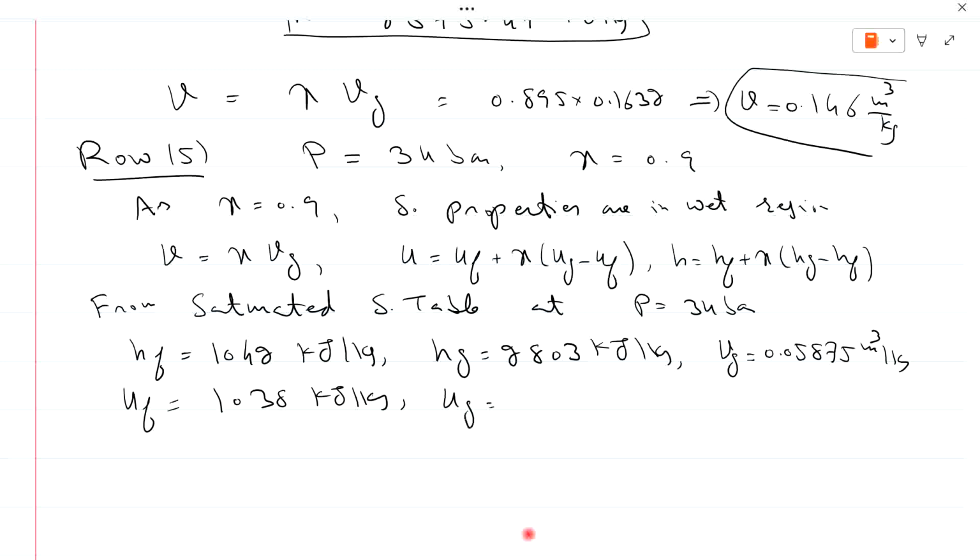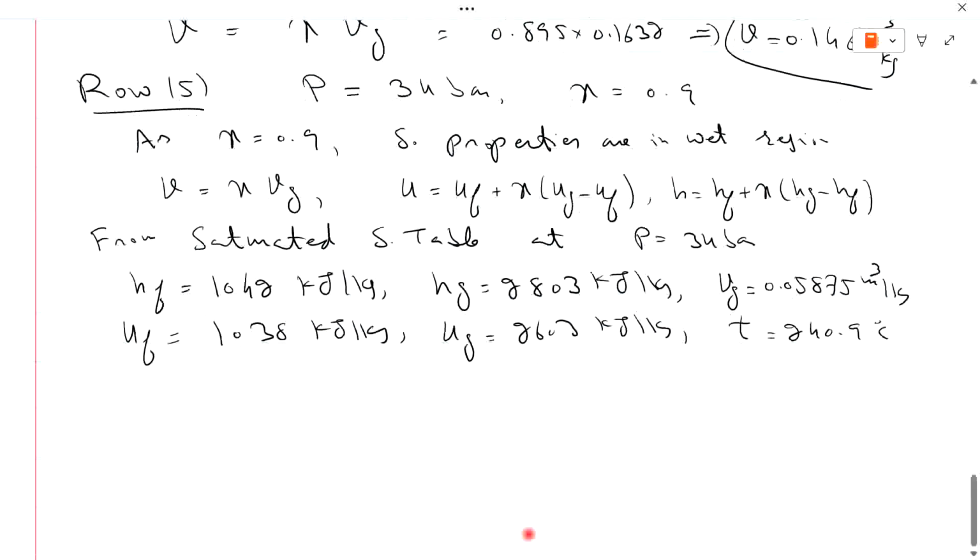Ug is equal to 2603 kilojoule per kg, and temperature is equal to 240.9 degrees centigrade.